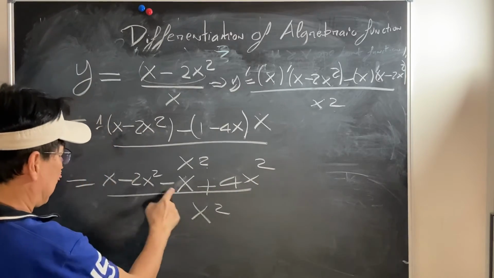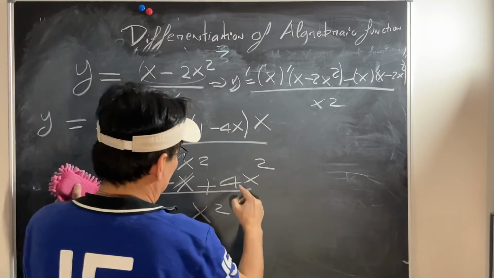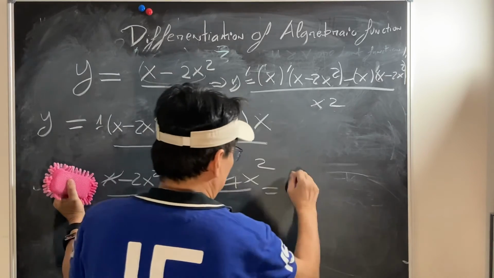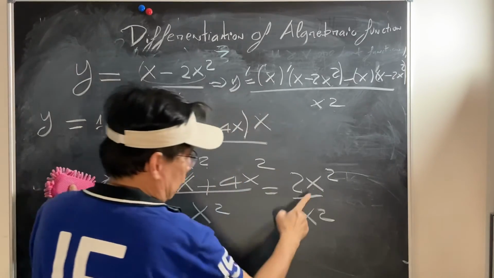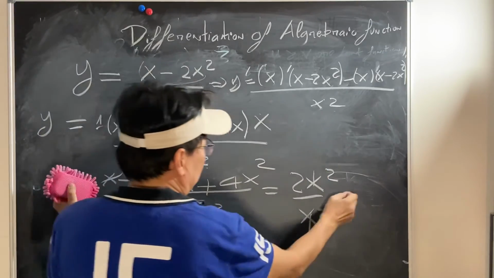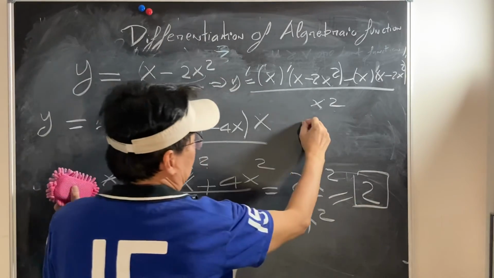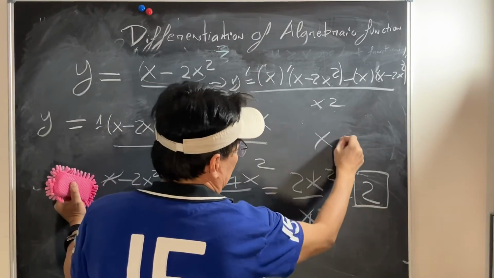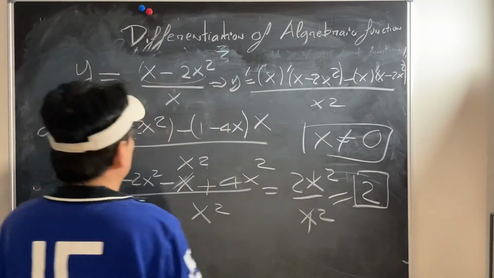Okay, x minus x cancels, minus 2x squared plus 4x squared equals 2x squared. And you can cancel that as well, equal to 2, x different than 0. Okay.